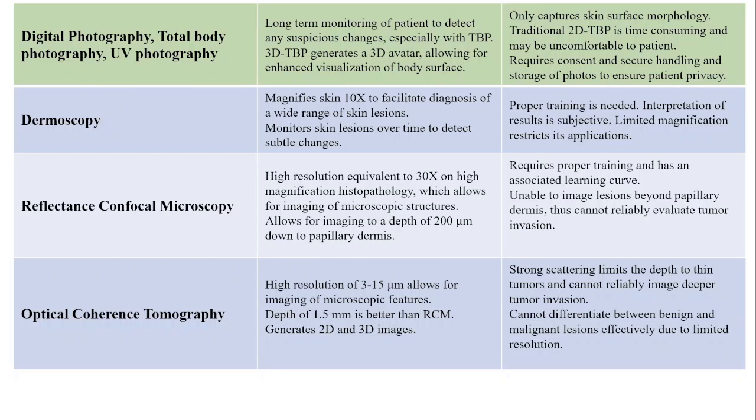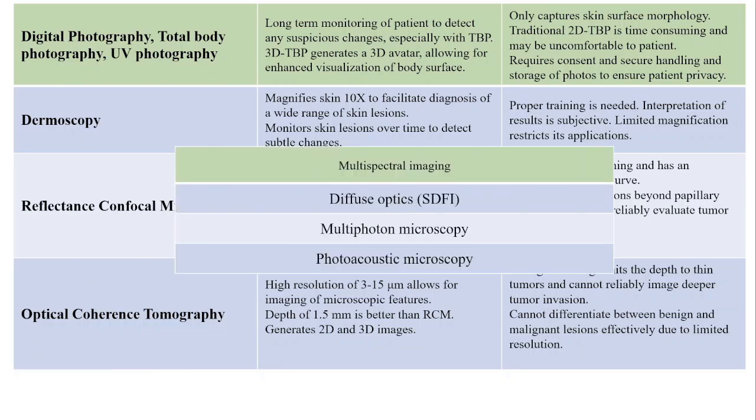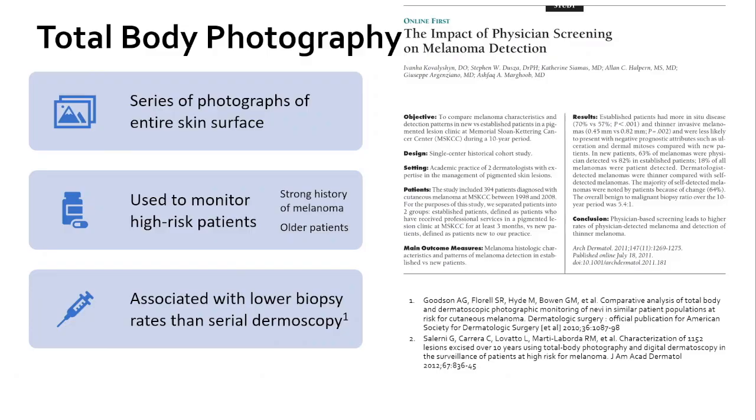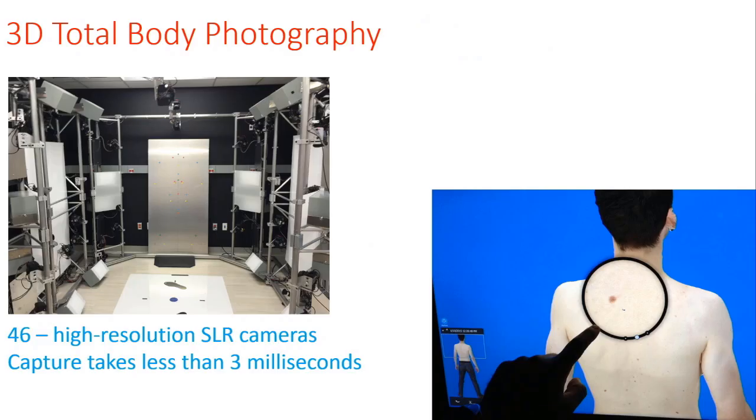Just to understand the subtle structures that are occurring in the skin that we can use as viable clues to detect malignancy. And then we layer on top of that reflectance confocal microscopy, optical coherence tomography, and then there's other ones: multispectral imaging, diffuse optics, multiphoton microscopy. These are more research-based.